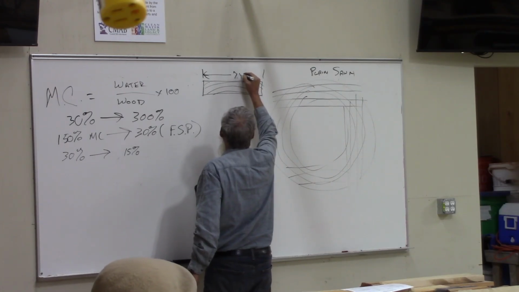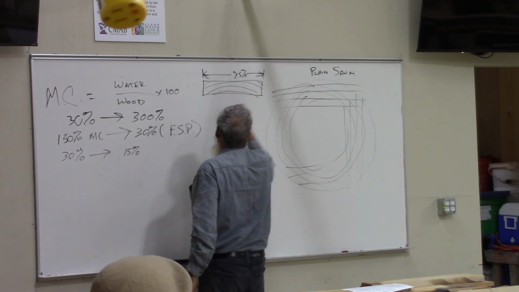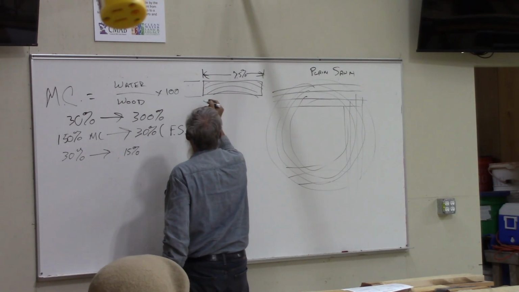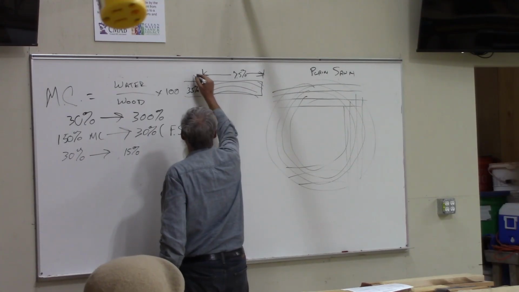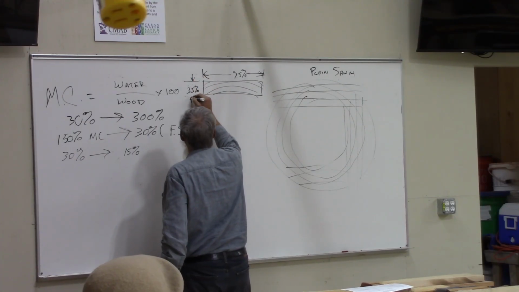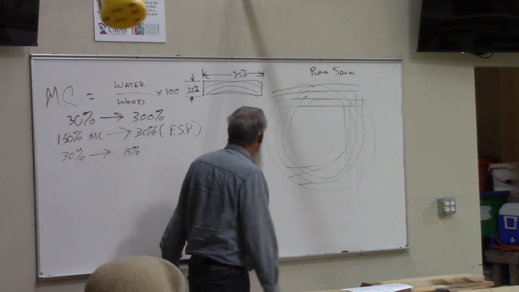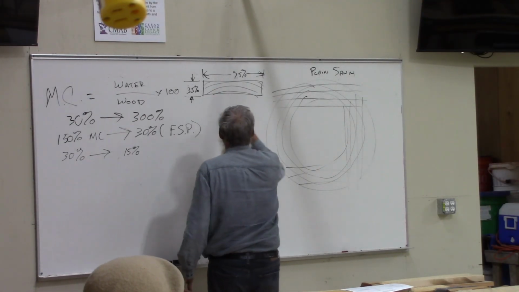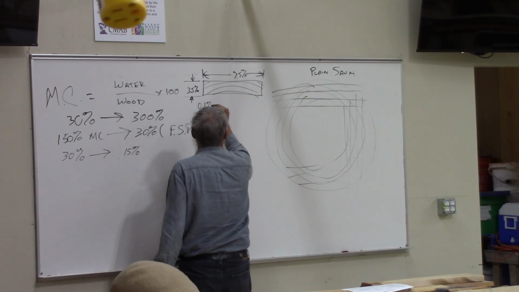In this direction, it's half of that, 3.5%. And on the length, the longitudinal, the length is 0.1%.